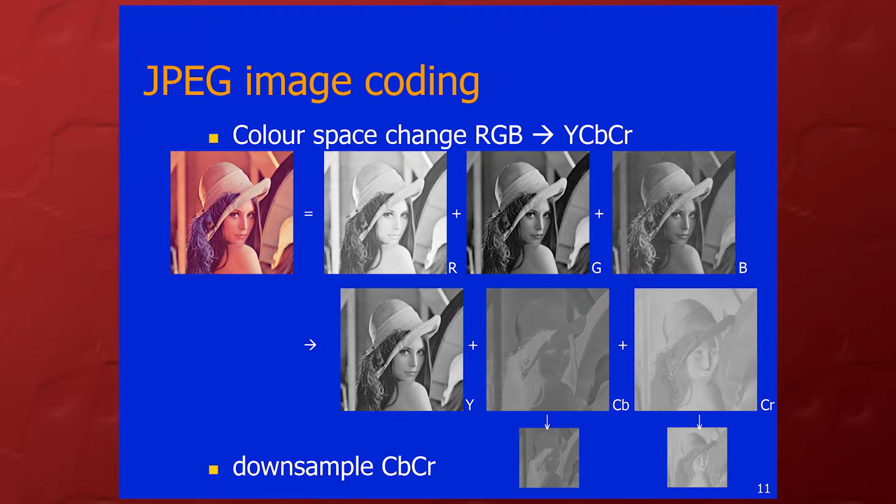We all know that that's not the best way of actually storing the information. That's purely because that's how we are capturing the information. That's why we store it like that. So in JPEG, we first transform that data, and we switch into a different color space. Particularly, we usually switch into the YCbCr color space. JPEG as a standard actually does not define a particular color space, but this is what typically happens.